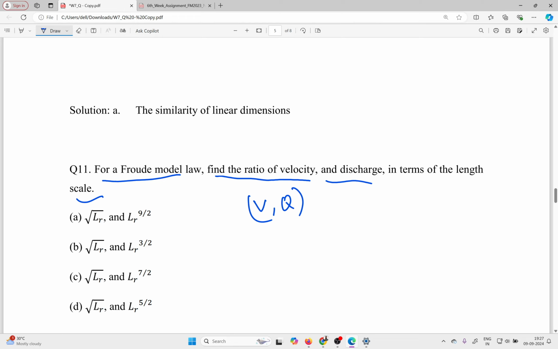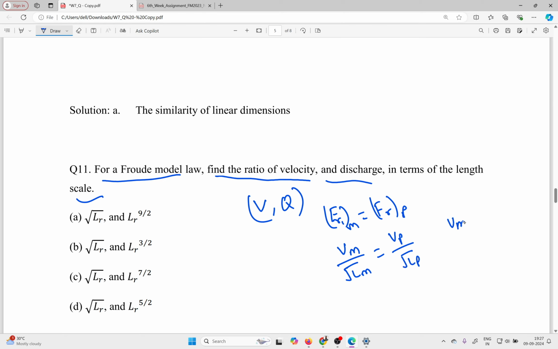Here the answer of this question we will find out by using the Froude number similarity. Same thing. So FR model is equal to FR prototype. Similar thing: Vm divided by root Lm is equal to V prototype divided by root L prototype.